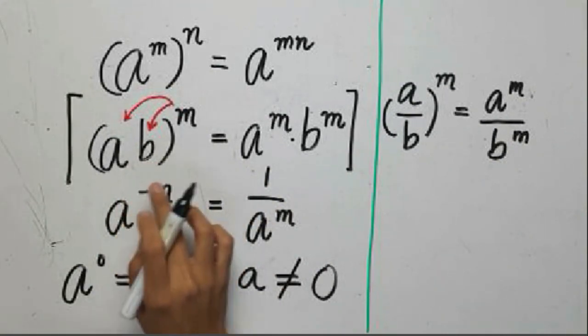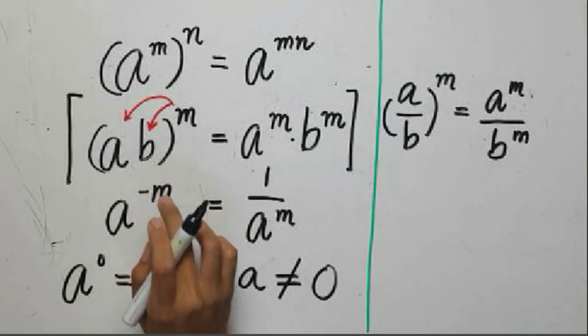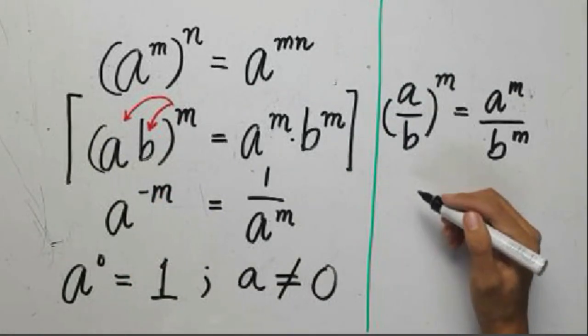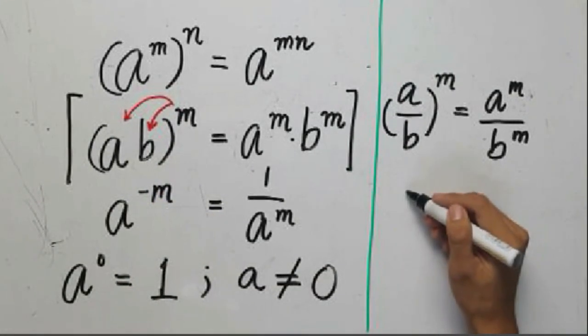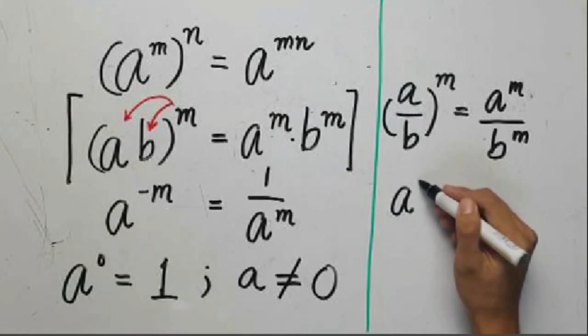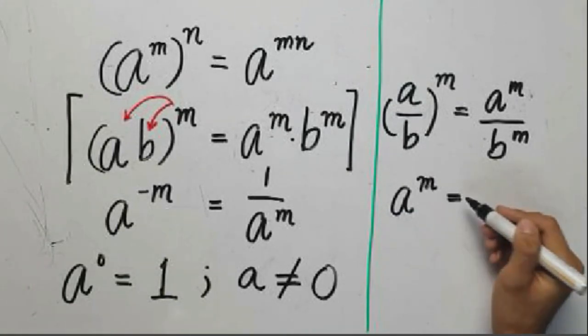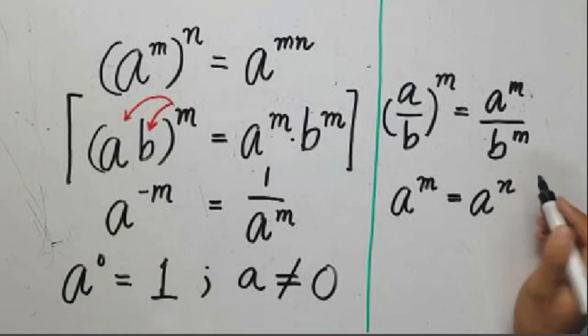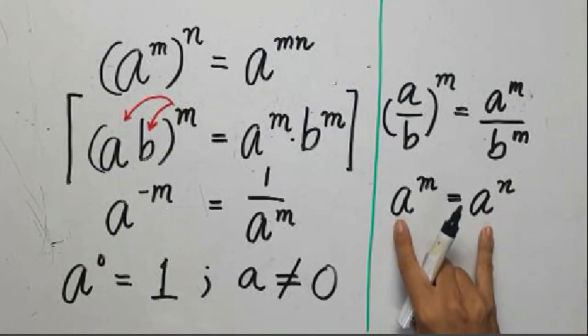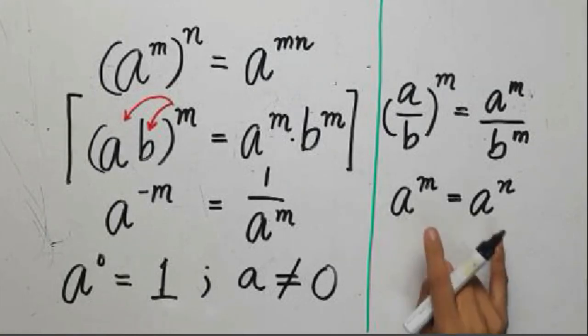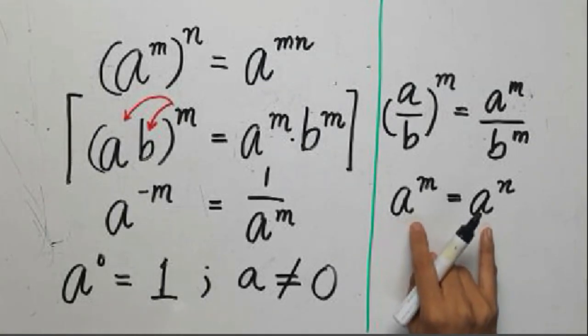And what else do we have? Meron din tayong transitive property na binanggit, yung pinaka-last na property nito ay kung may parehas kang base, like for example, parehas na a pa rin ang gagamitin natin para consistent, just for this illustration.